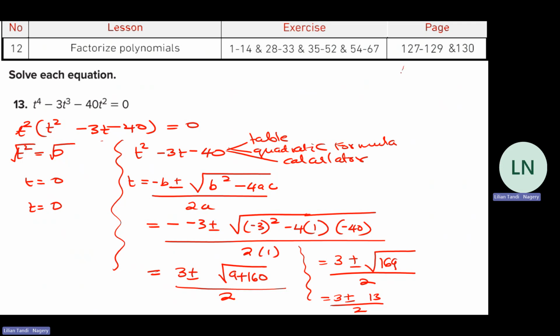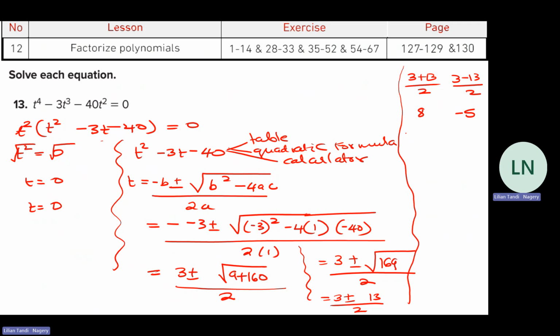So then my 2 answers will be 3 plus 13 divided by 2, 3 minus 13 divided by 2. Okay? And this gives me 8, and this gives me -5.